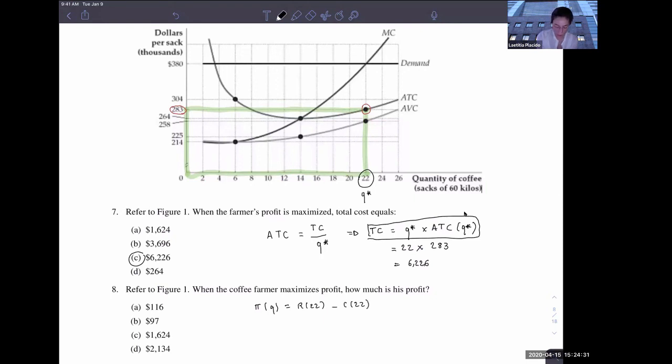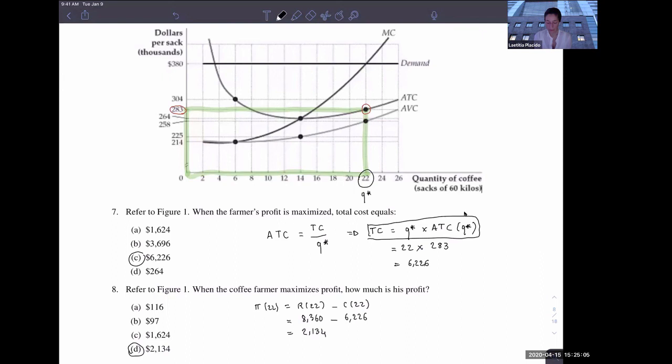When Q is 22, I'm going to put 22 here as well. So total revenue was 8,360 minus total cost, that's 6,226. And the difference is 2,134. So that's answer B here.